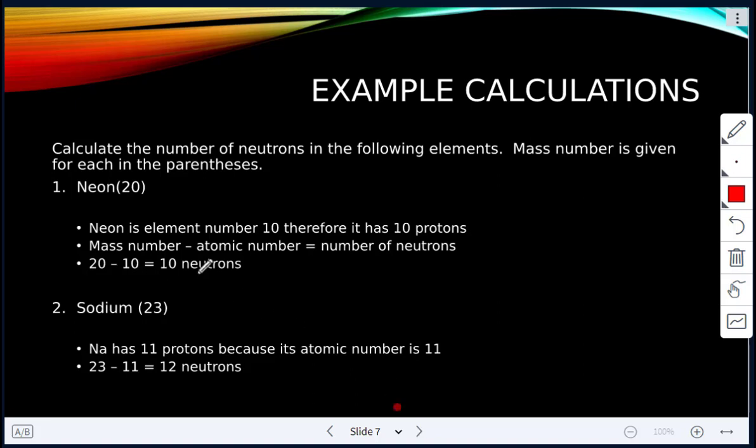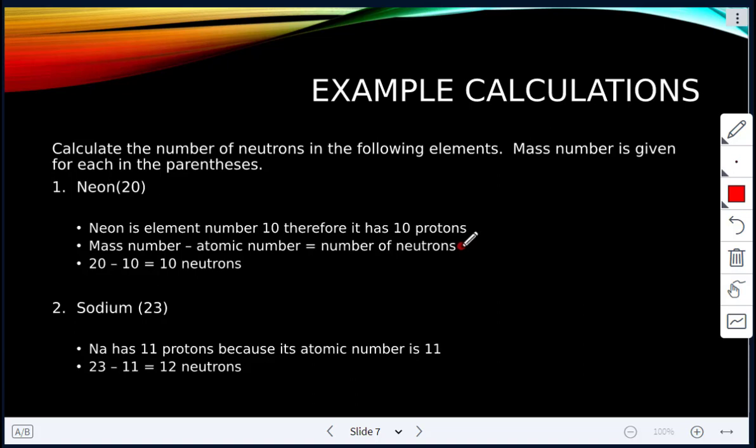Let's go to the next slide. Example calculations. Let's calculate the number of neutrons in the following elements. The mass number is given in the parentheses. For neon, the mass number is 20. Using your periodic table, find the atomic number of neon. It is number 10, meaning it has 10 protons.